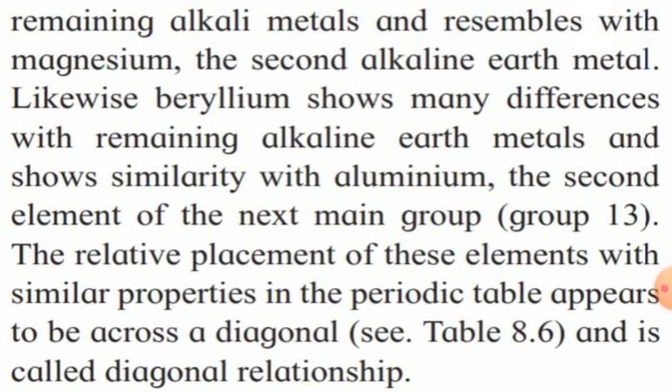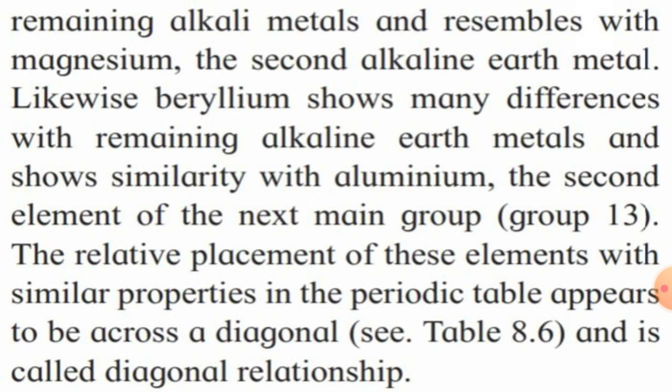Likewise, beryllium shows many differences with the remaining alkaline earth metals of group 2. It shows similarity with aluminium, which is the second element of the next main group, group 13.